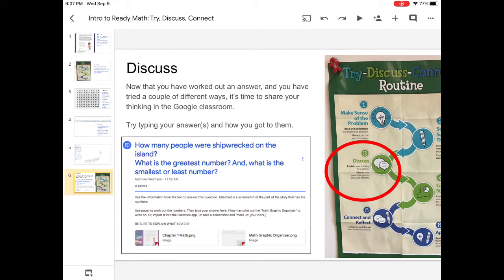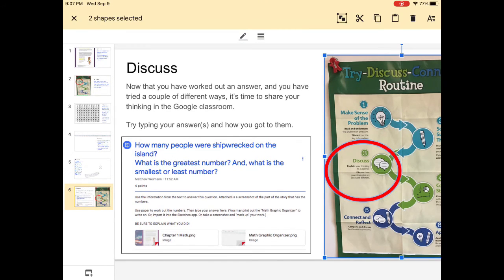Now, we've already done this when we talked about Sean going to Zeke's house, but now we're going to be really using numbers, and I want you to tell how you solved the problem, what you did, and explain your work. You're going to type that in this question in the Google Classroom.